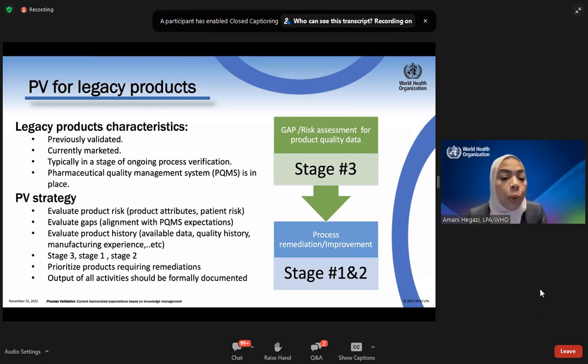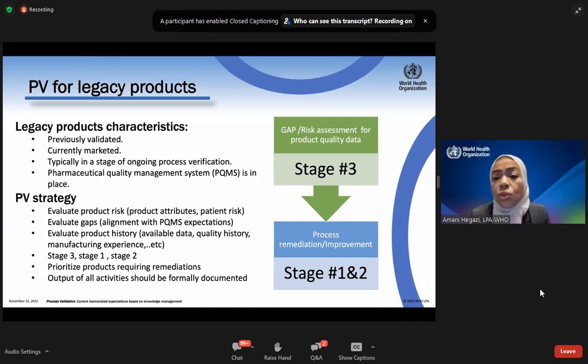We evaluate the history of the product, available data, quality history, and manufacturing experience. And then by documenting and formalizing this gap assessment, we can conclude that the product and process performance is appropriate and capable. So it's a different arrangement of the stages, starting from stage 3 and then doing a gap assessment for stage 1 and stage 2.